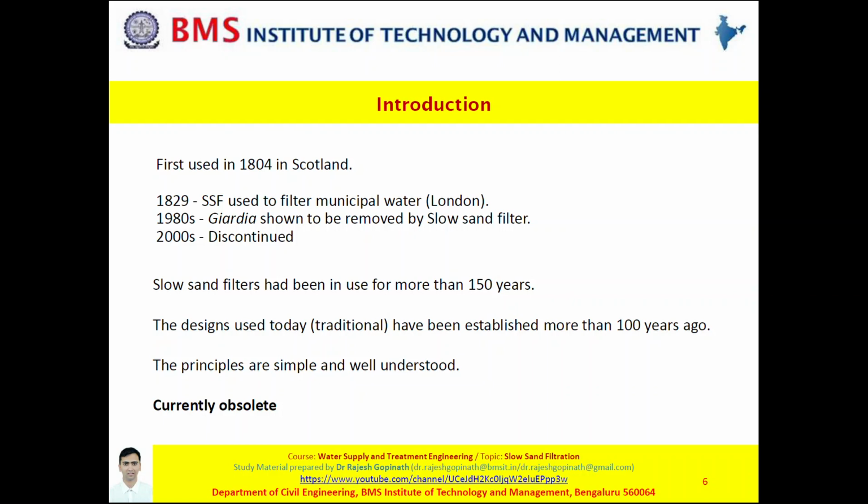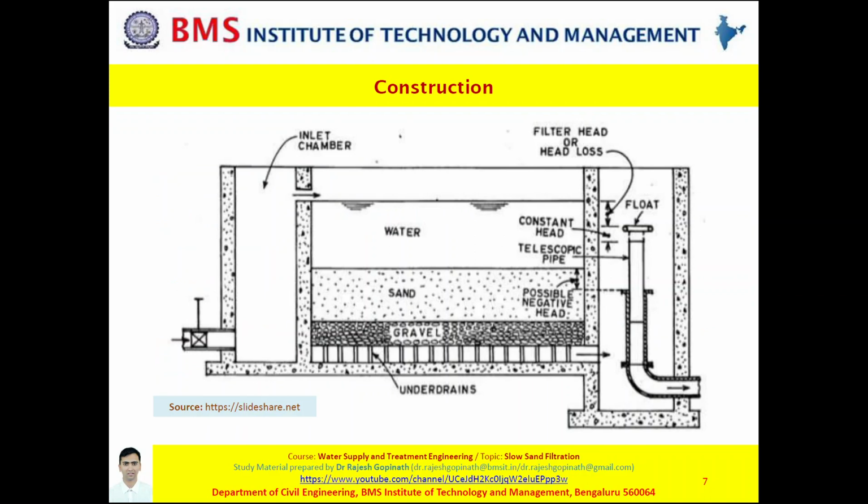Let's move on to the next slide, which gives you a simple representation of its construction features. That is slide 7. As can be seen from this slide, the different parts of the slow sand filter's construction include the enclosure tank, which is basically the open basin that you can see.